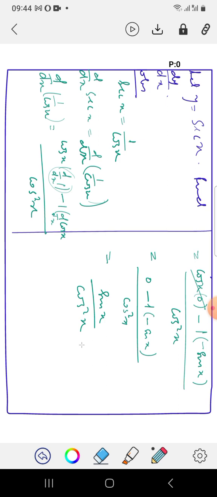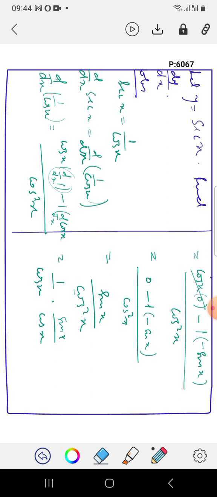What is sine x over cos squared x going to give us? This is the same thing as 1 over cos x times sine x over cos x.